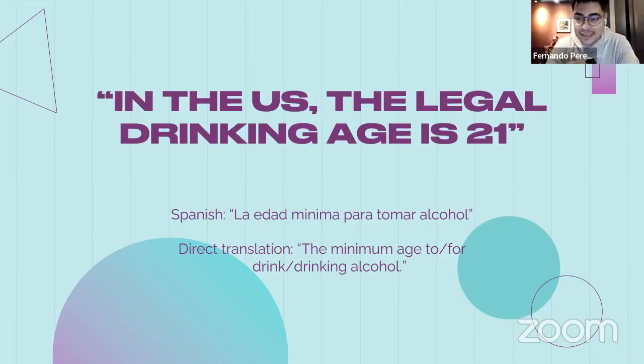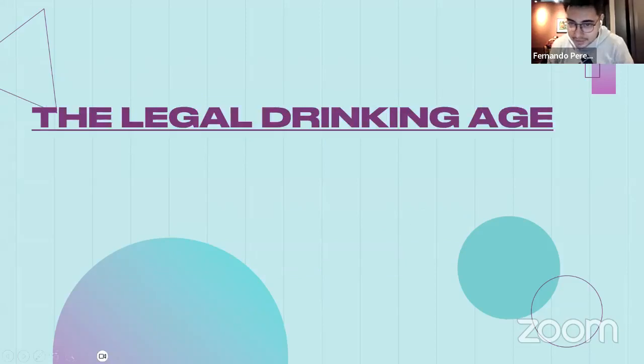The second cultural difference is how the position of words affects the structure. The phrase drinking age, in this case, is something called a noun phrase. The legal drinking age.